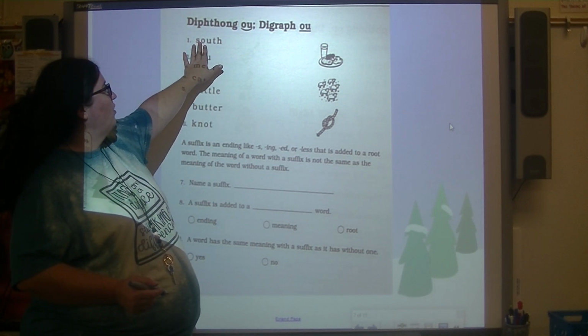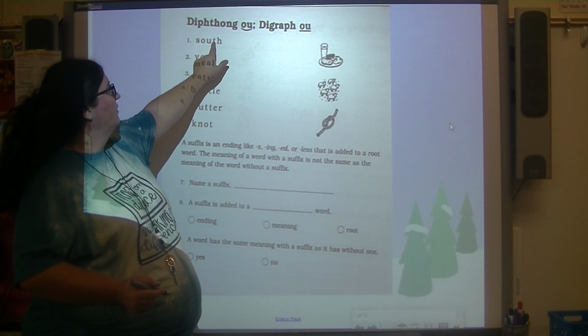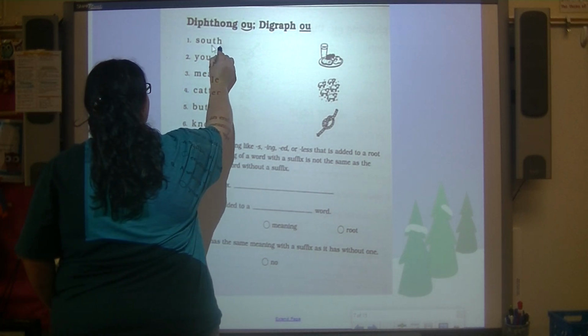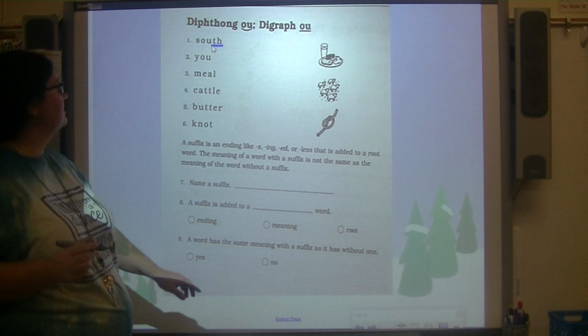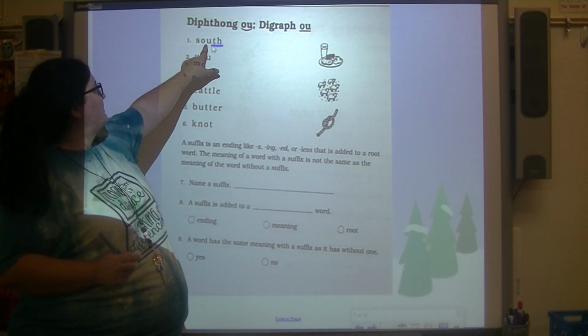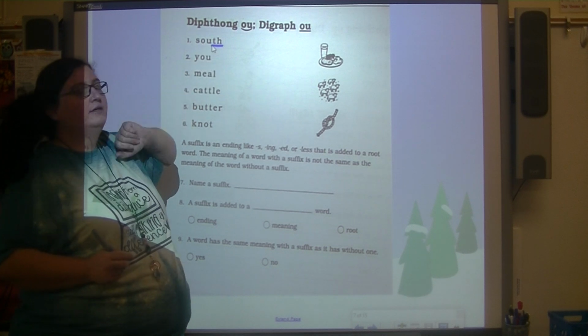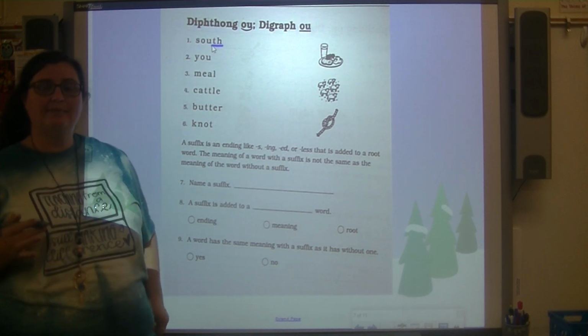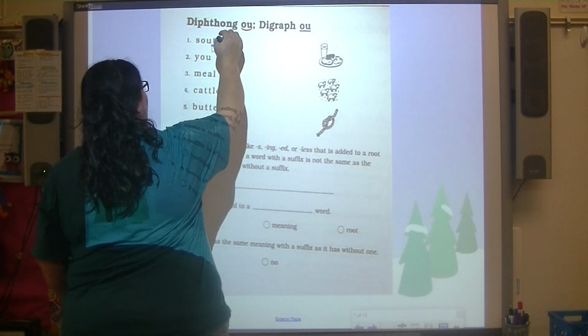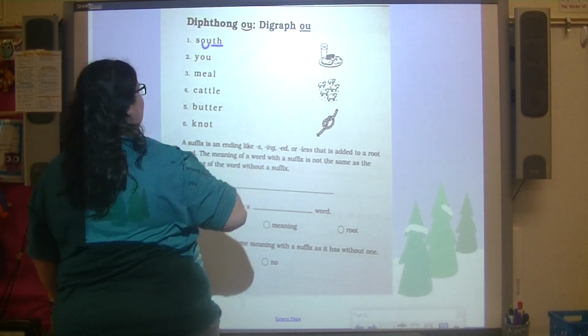We've got to figure out what sound of OU. We have digraph TH we can underline. So let's start out with the ow sound and try it. Ow. South. Does that make sense? Yes. So we use an arc. South.